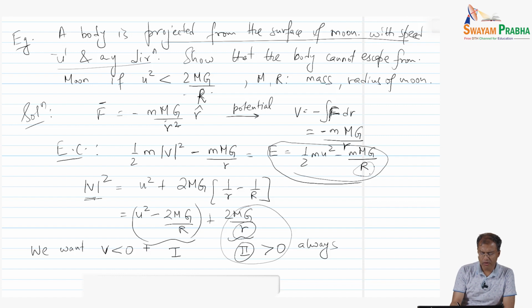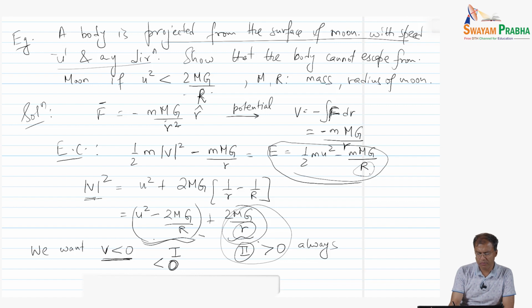The second term is always positive, so if and only if the first term is negative can we expect that there will be no escape from the surface of the moon.